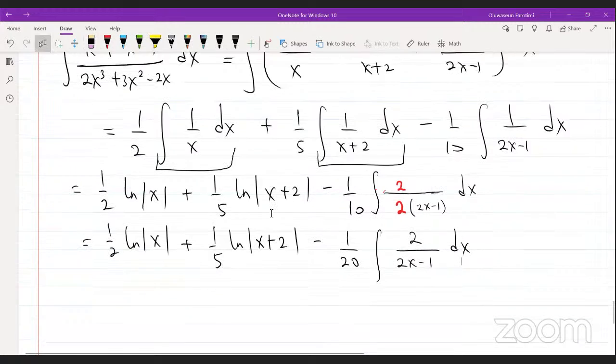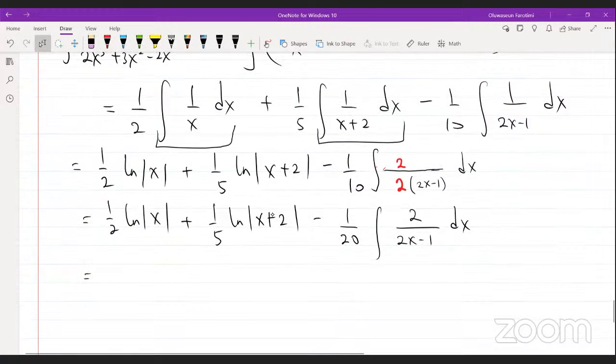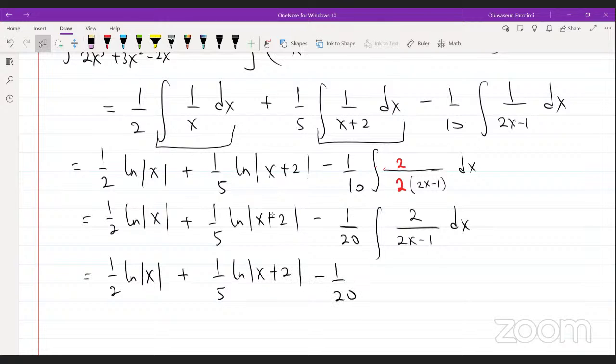So what is this going to be? 1/2 ln of the absolute value of x, plus 1/5 ln of x + 2, minus 1/20. Now, if you integrate this guy, you're just going to have ln of 2x - 1. Then you have a plus C. Okay, makes sense, guys?